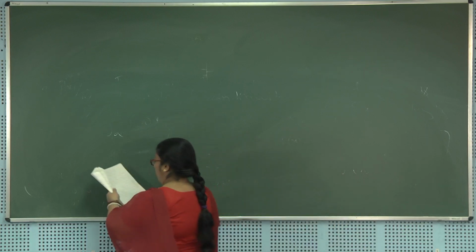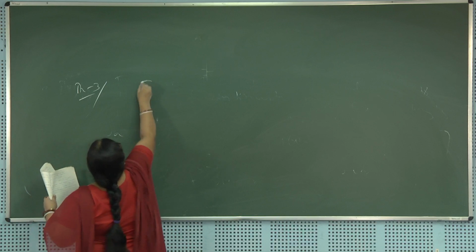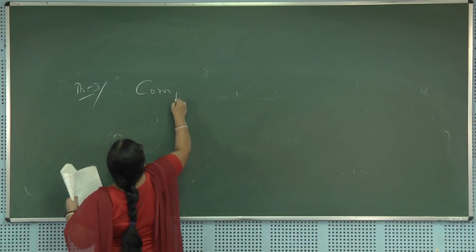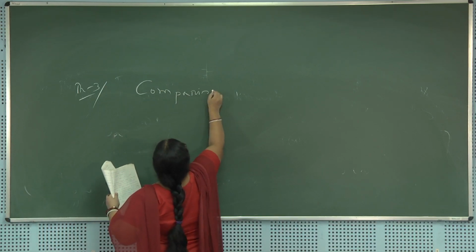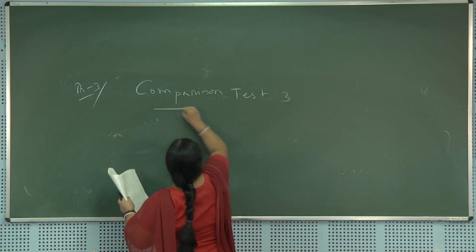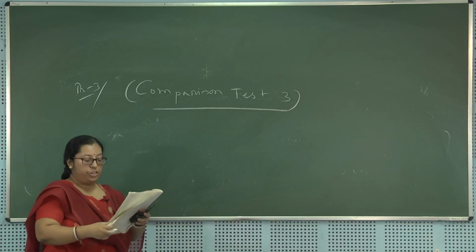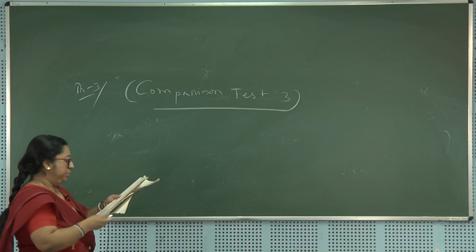Next comes the comparison test, theorem 3. Just like the improper integral of the first kind, we have a comparison test 3. What is it?